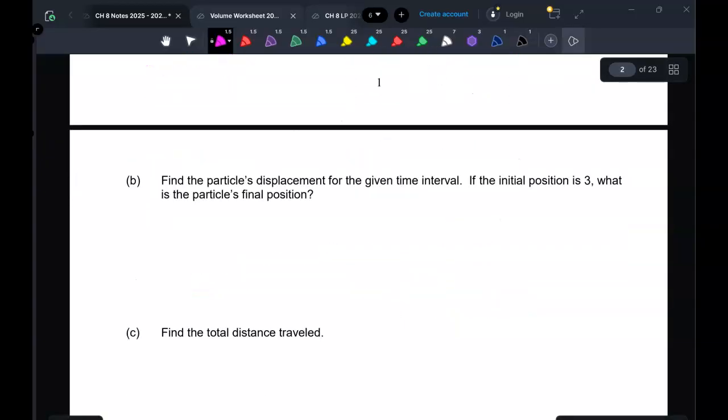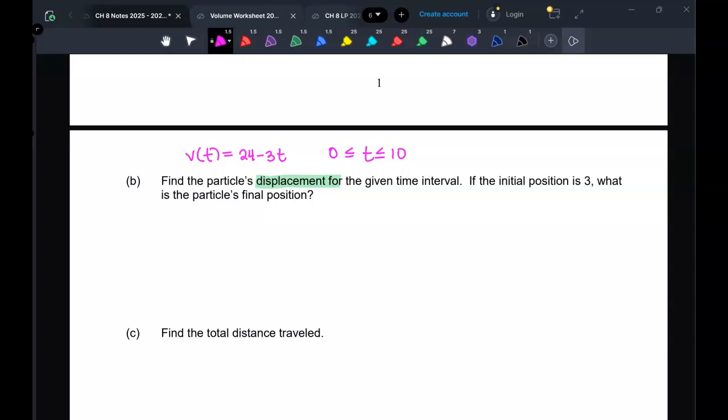So now we want to find the particle's displacement for the given interval. And then if the initial position is 3, what is the particle's final position? Okay, so first we're going to find displacement.